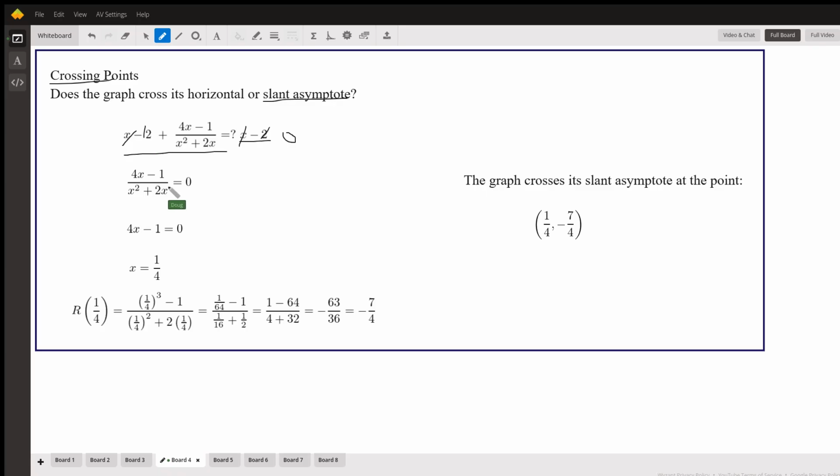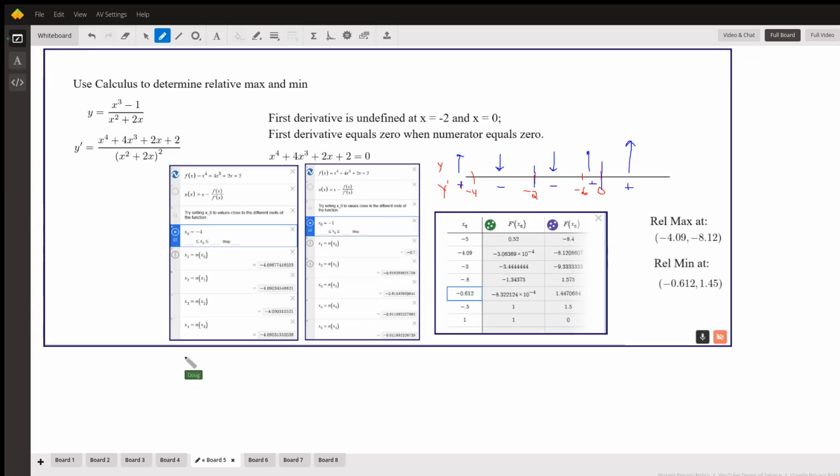Does this ever equal 0? It does when the numerator equals 0. So when x equals 1/4, indeed, the original function crosses its slant asymptote. Here's the arithmetic for finding the y value. There is a crossing point, 1/4, -7/4.